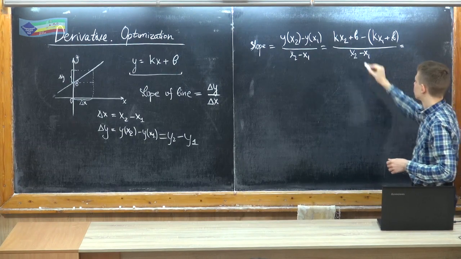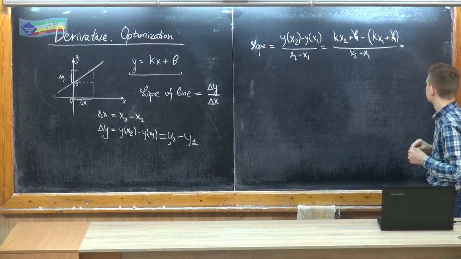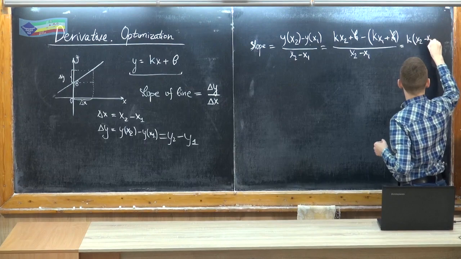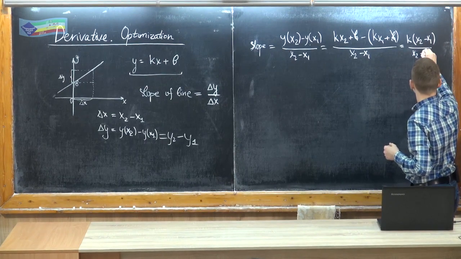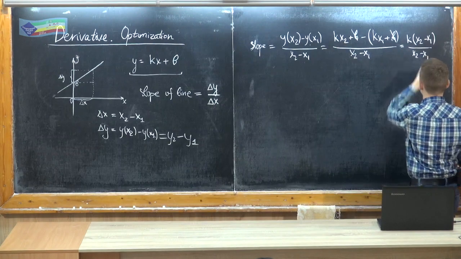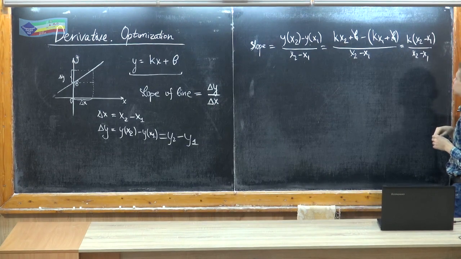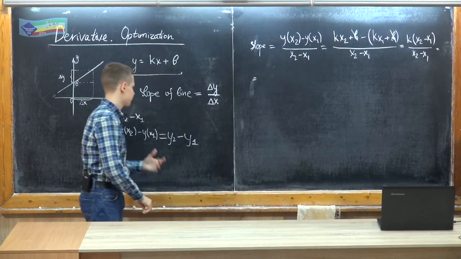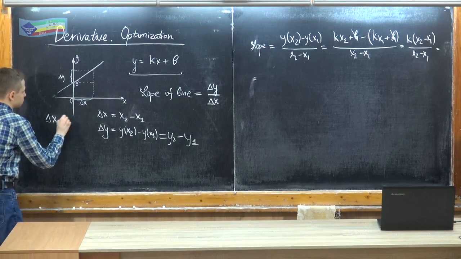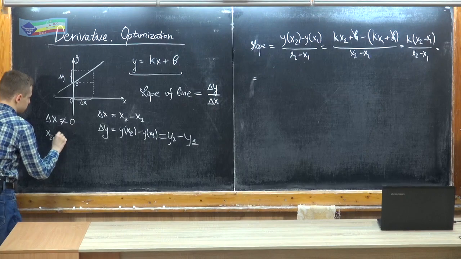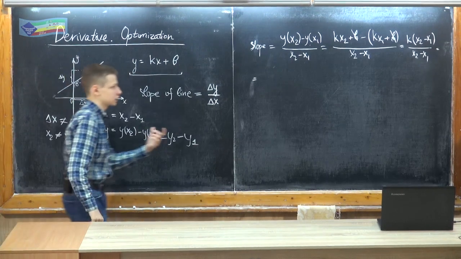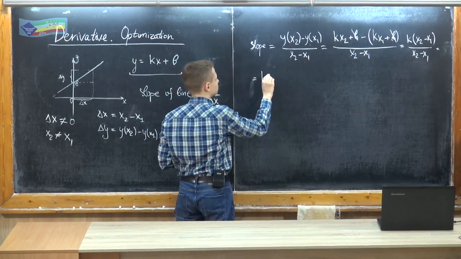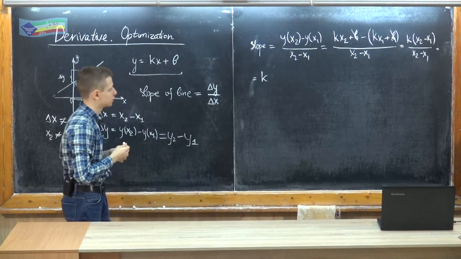We can see that b is nullified, and we can see that actually this part is equal to k multiplied by x2 minus x1. Because our delta x is not equal to 0, which means that x2 is not equal to x1, we can successfully divide both parts by x2 minus x1 and get that the slope of the line is equal to k.